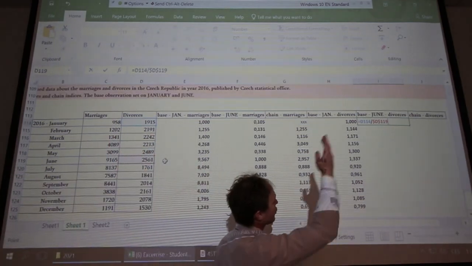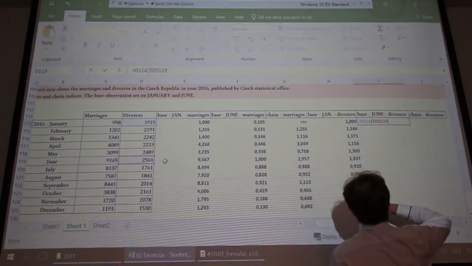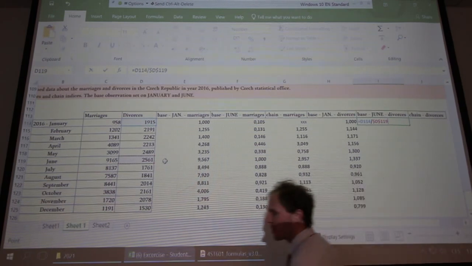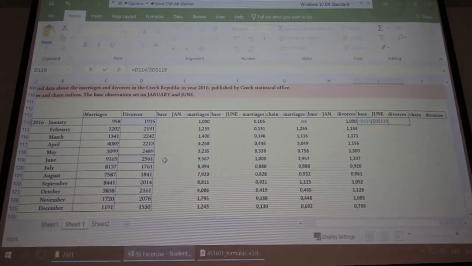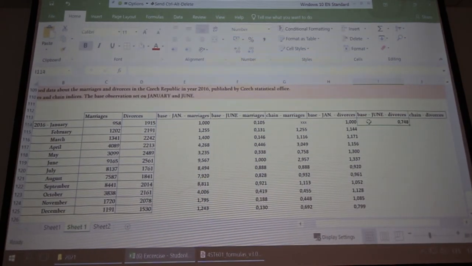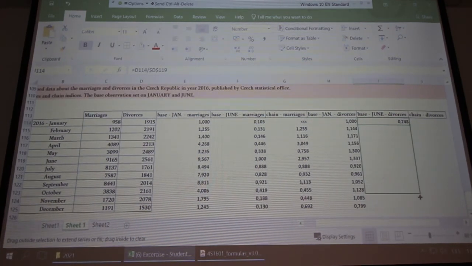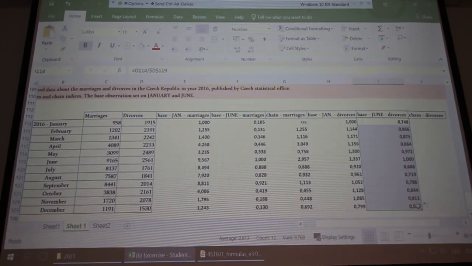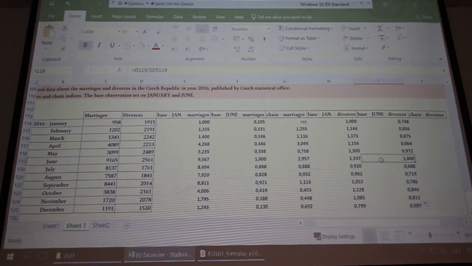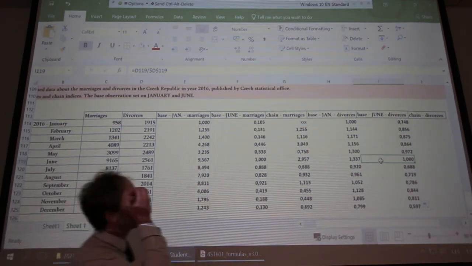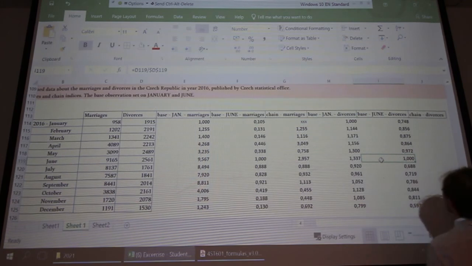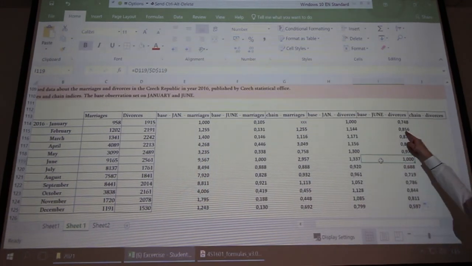Function 4, F4 button, dollars. You can see the cell is fixed, so please calculate everything. On the position of June, you will see value 1 because June is the base.